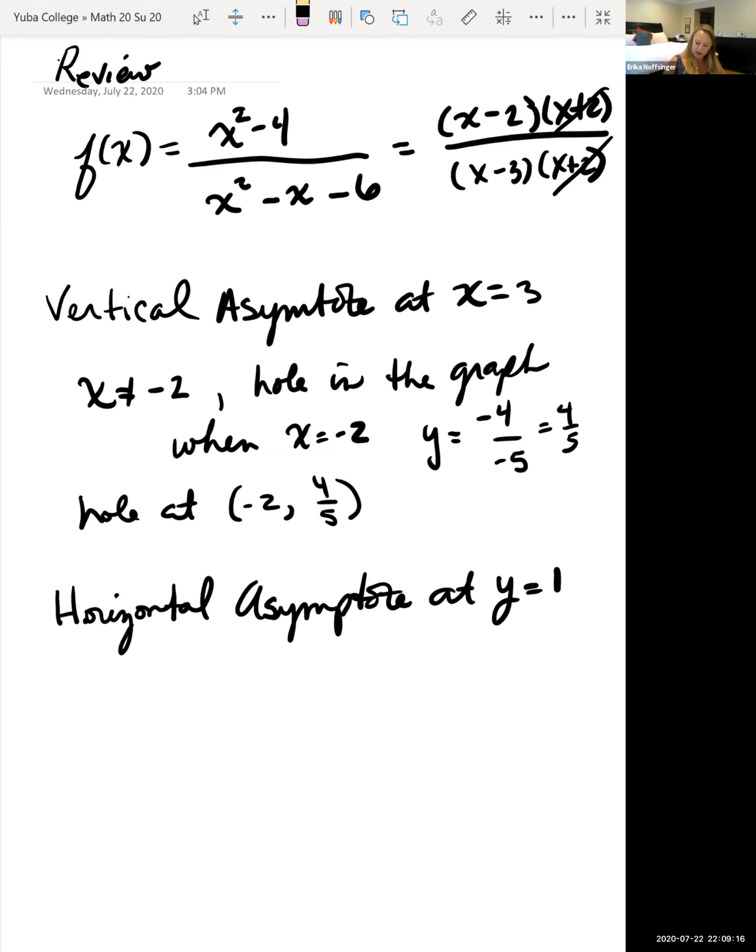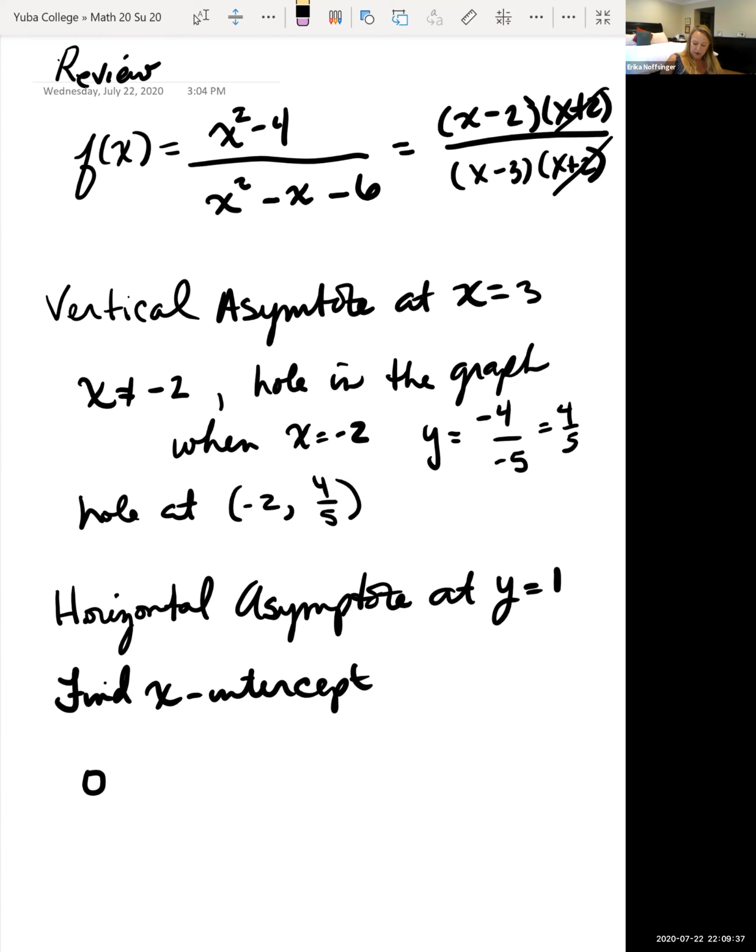And so now the other things that would be helpful are finding your intercepts to help us graph. So let's find our x-intercept and y-intercept. X-intercept is when our y value equals 0.